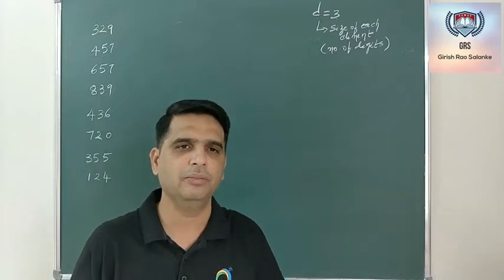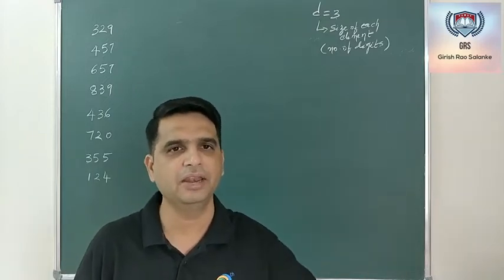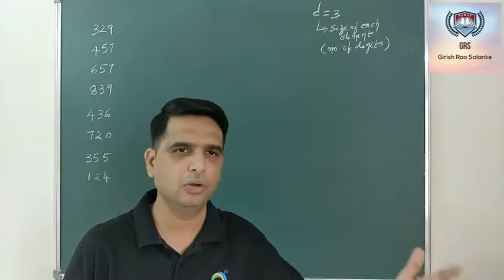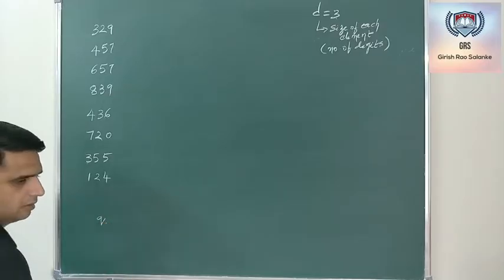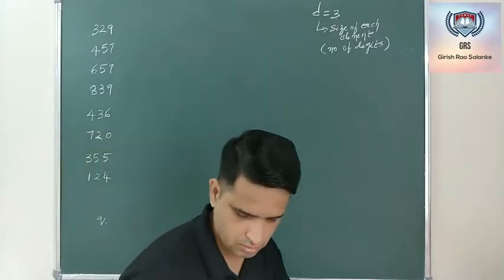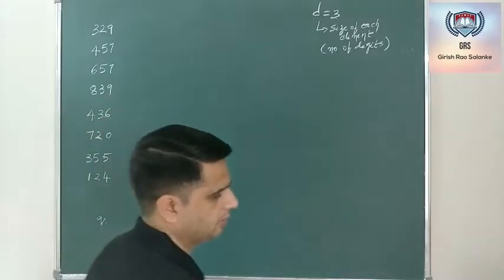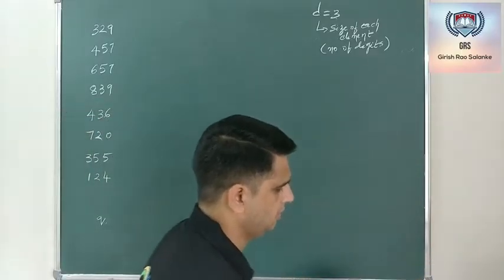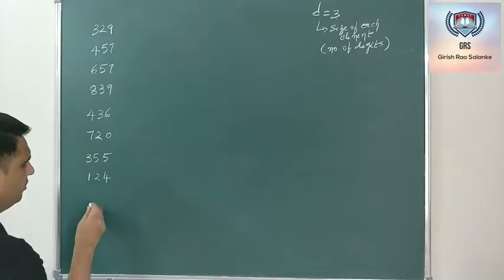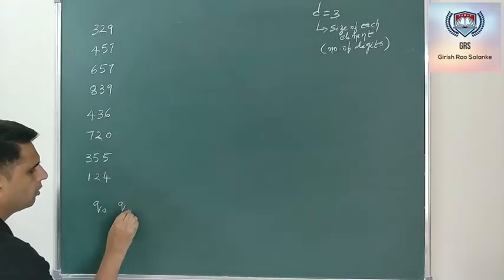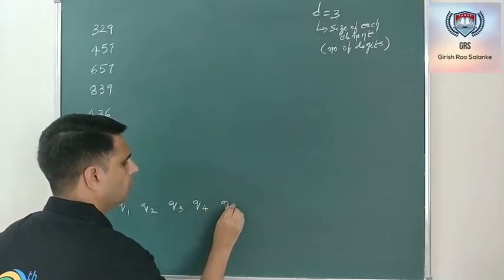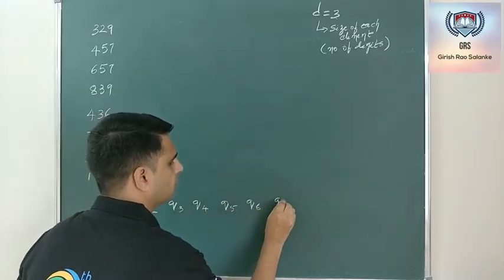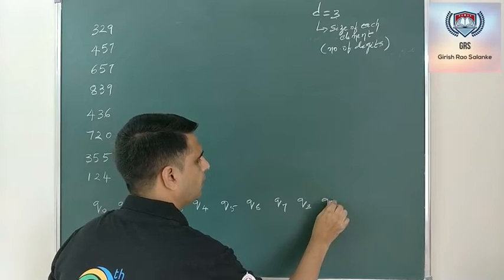So if 0 to 9 means I need to have 10 Q's, indexed from 0 to 9. So initially I will have 10 Q's marked with Q0, Q1, Q2, Q3, Q4, Q5, 6, 7, 8, 9.